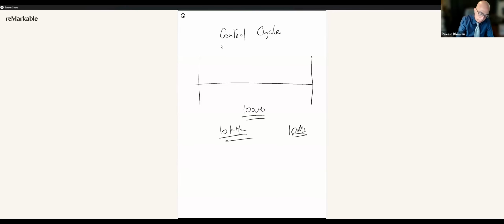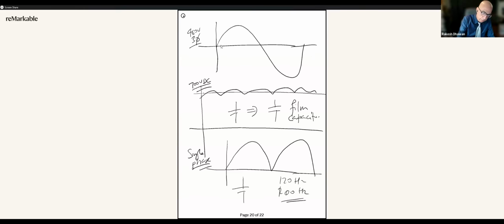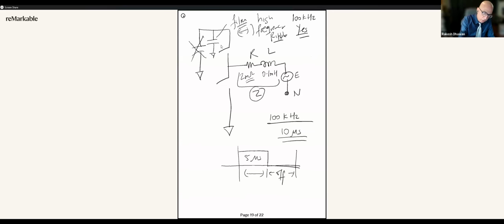So, motor current ripple. Coming back to your impedance here, if I have a lower value of inductance, okay, 0.1 millihenry, higher frequency is better because I want to have a very nice current waveform, okay?